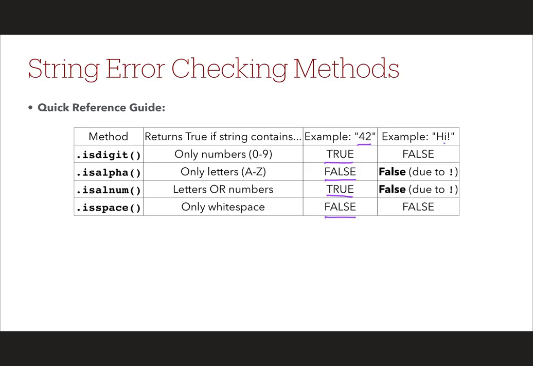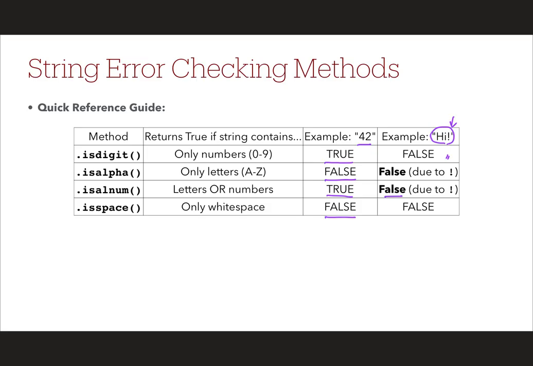When "hi!" is given, the isdigit function will return false. Isalpha will also return false because of this special symbol, special character. For the same reason, the isalnum function will return false.